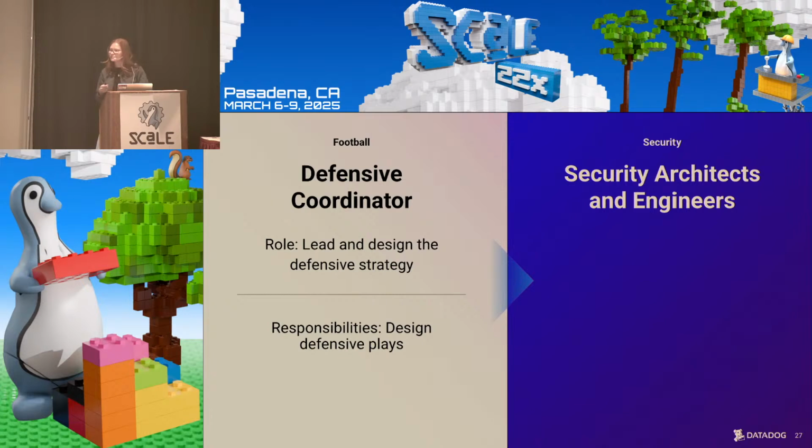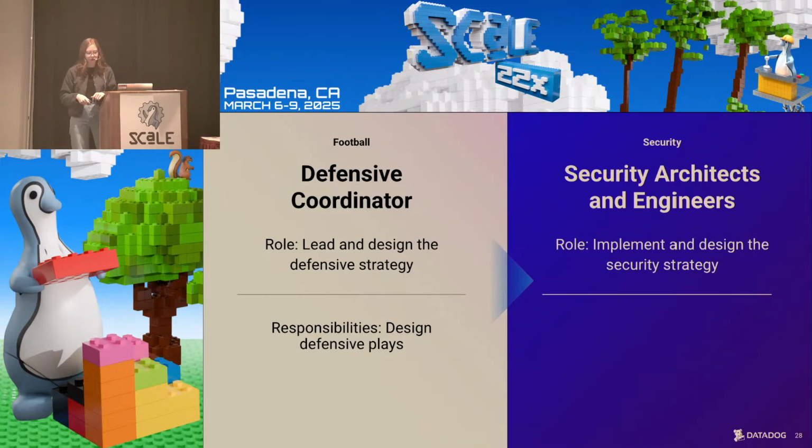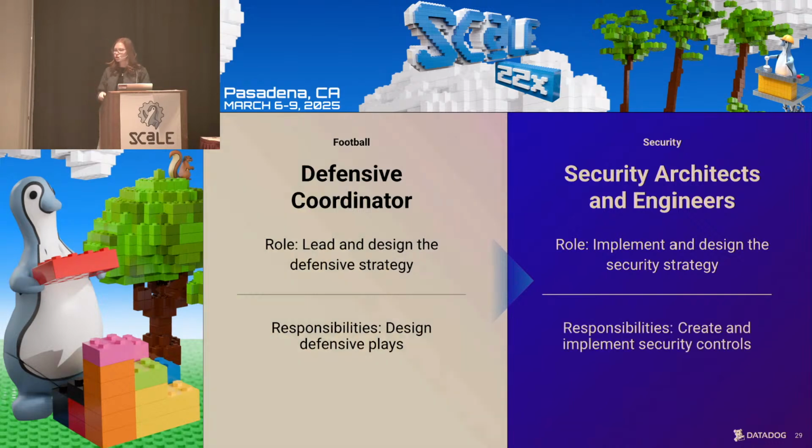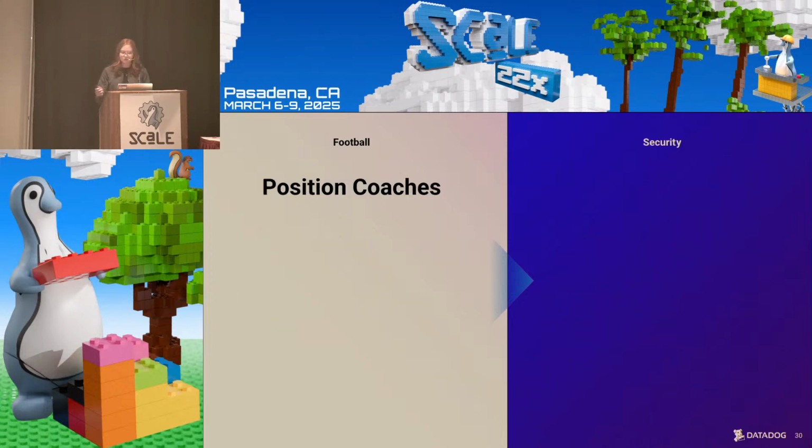And with this, we've got security architects and engineers who also kind of are the masterminds of everything in the security world. So they implement and design the security strategy. And with that, they also create and implement a lot of the security controls that we're talking about. And even with these roles, they have more trusted advisors who are even more specialized.